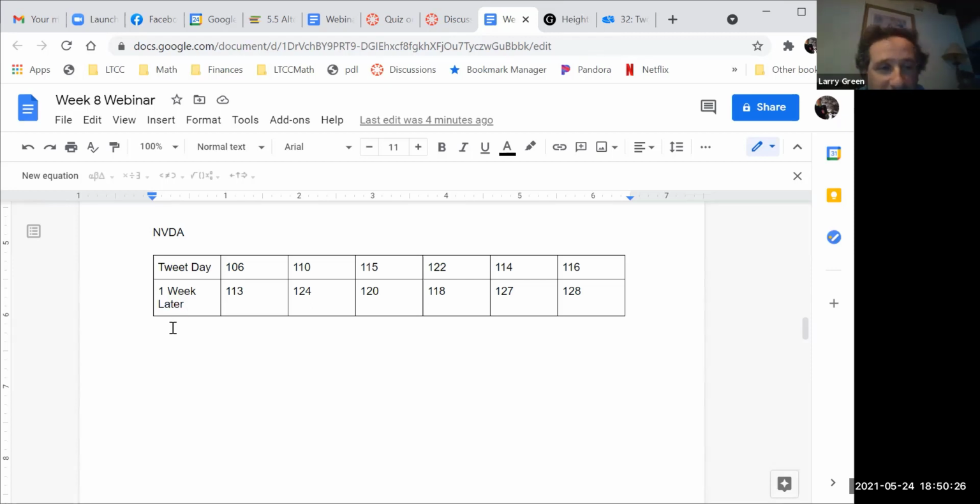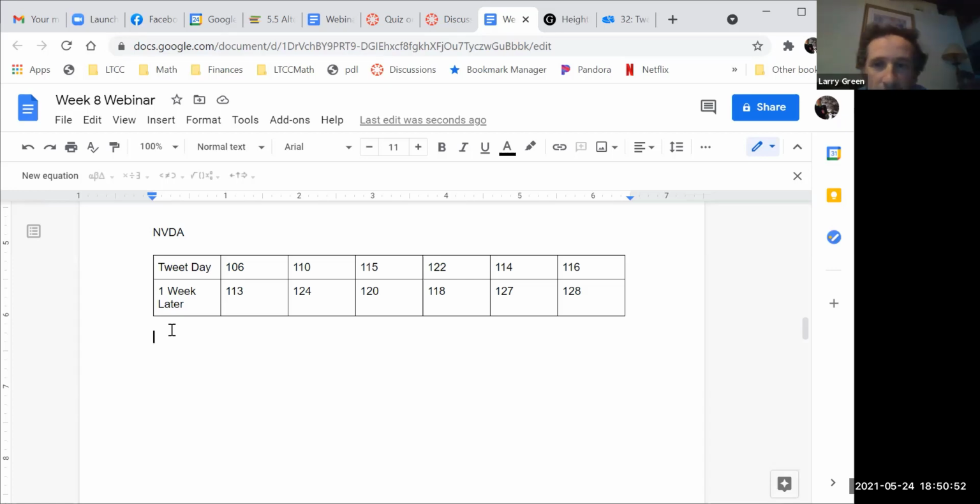So here's the question: the population mean difference, does it go up 1 week later? Does that make sense? The way I'm going to look at this is dependent data.